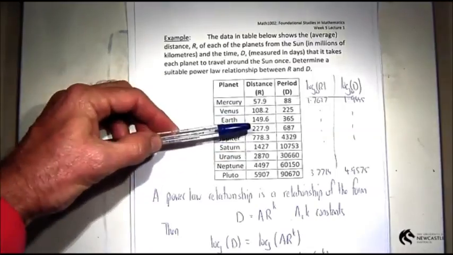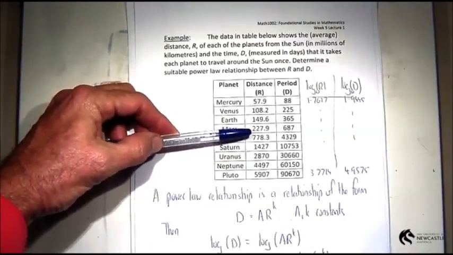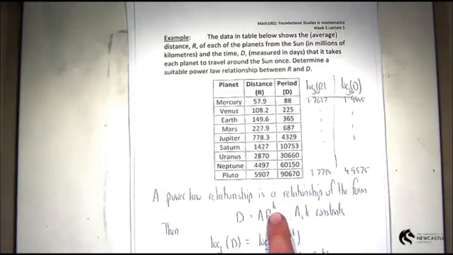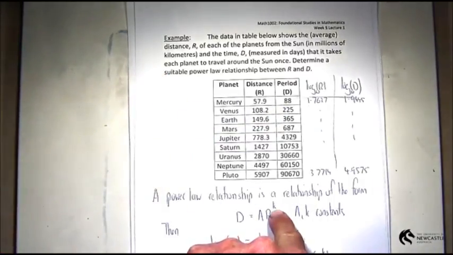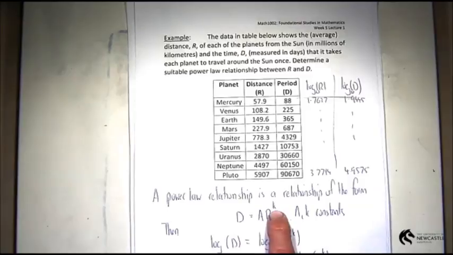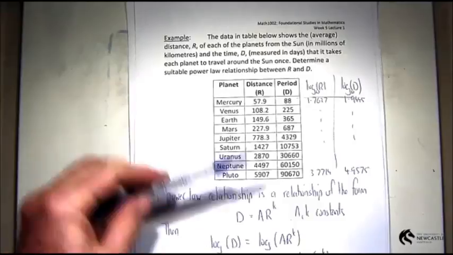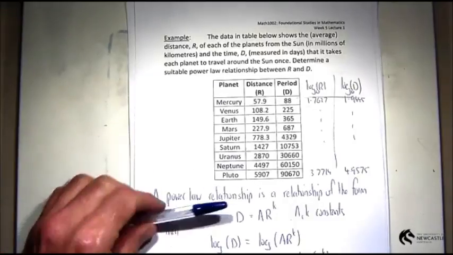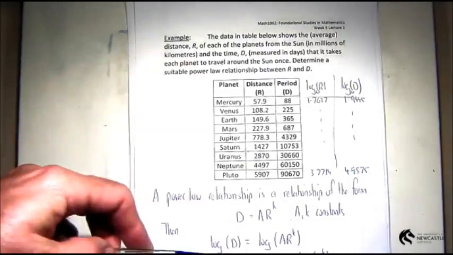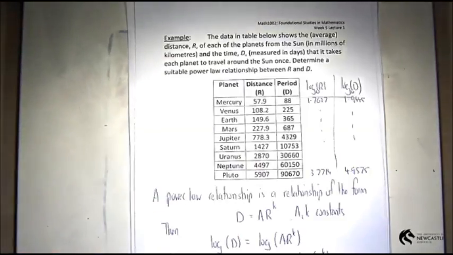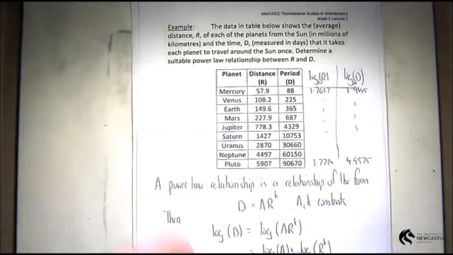A while ago, he worked out that this was a relationship that had a power of 3/2, and he made that into one of his laws of planetary motion. So this is actually a representation of Kepler's third law. Then Newton came along and proved that Kepler's laws work if you make an assumption of gravity working via an inverse square law. So even though it looked like I made up the data so that I'd get a good fit, this is actually real live data and actually does work.